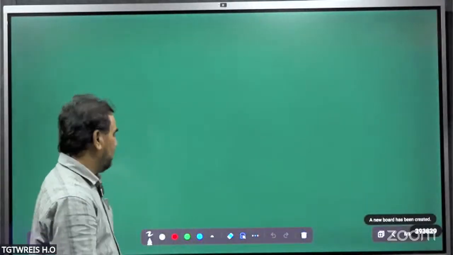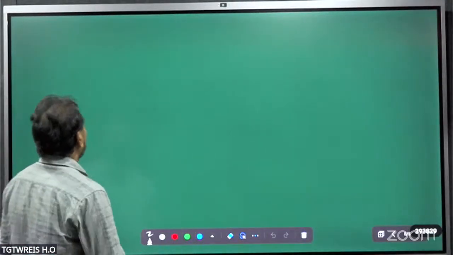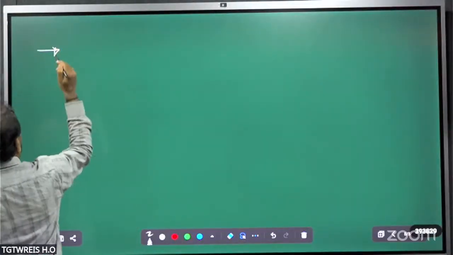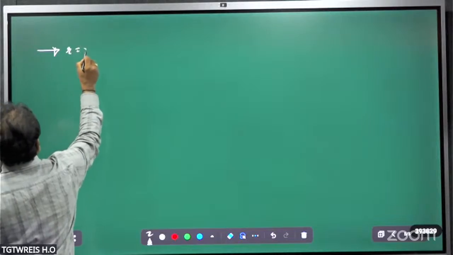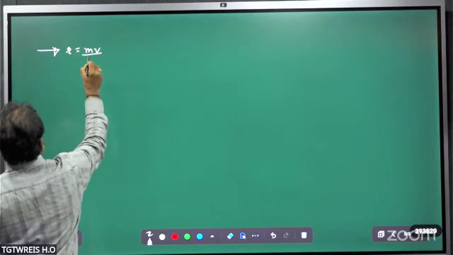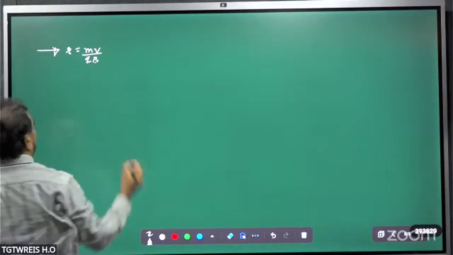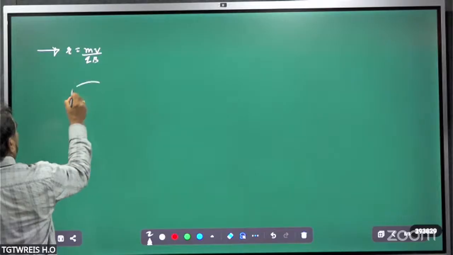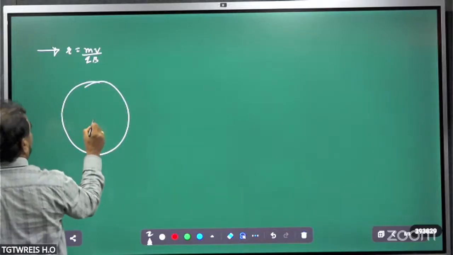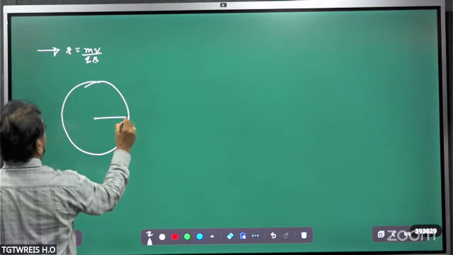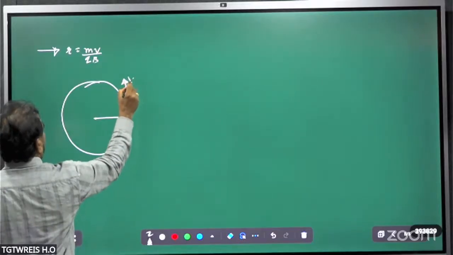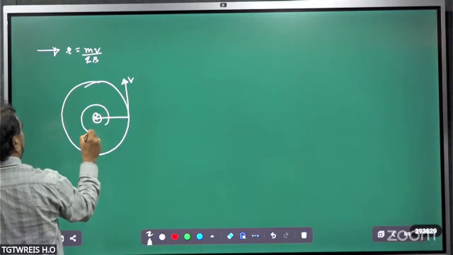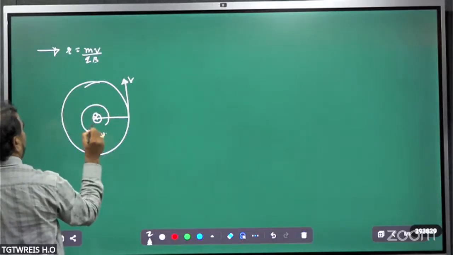Next, see, the radius of the charged particle in the magnetic field is given by r is equal to mv upon qB. But when a charged particle is revolving in a circular path of radius r with a linear velocity v about this axis of rotation, it has some angular velocity omega.